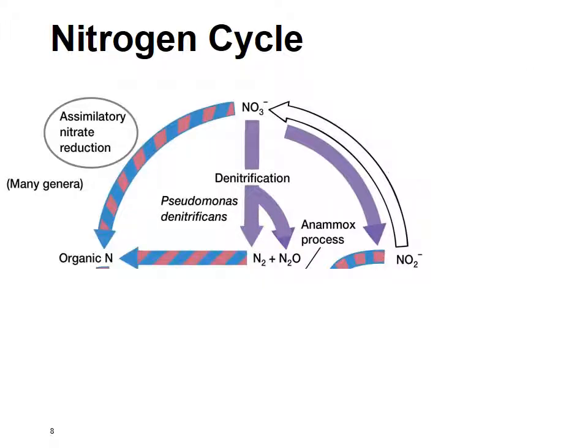This production of nitrate is particularly important because nitrate can be reduced and incorporated into organic nitrogen. And this process is known as assimilatory nitrate reduction.